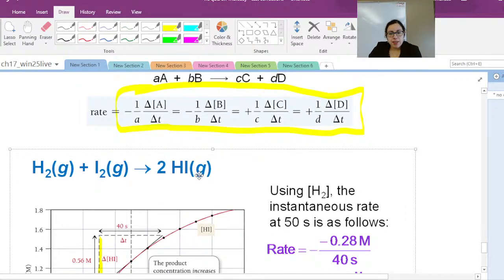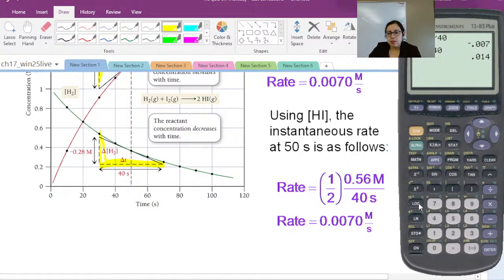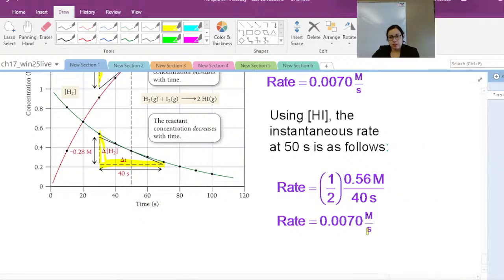That makes sense. Now we can get our rate and account for that factor by multiplying by 1 over the coefficient, so multiply times 1 over 2. Then we get our same rate. So now the rates match.